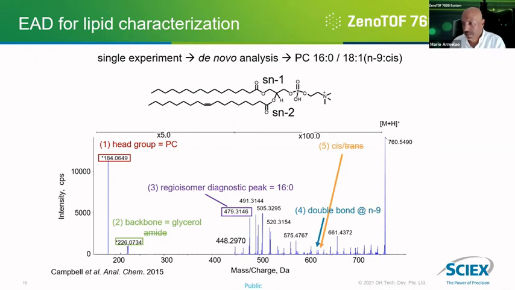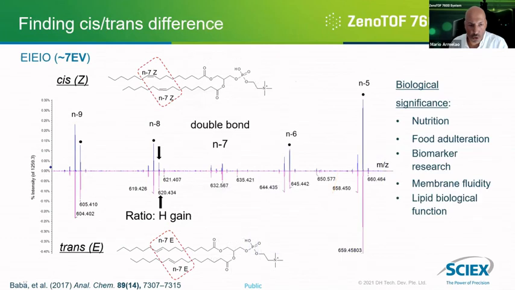To show you this, and this is related, of course, this is one of the most difficult structural entities to elucidate, right? What we can see here is that the peak ratios generated by the fragmentation of the carbon-carbon single bonds next to the double bond can be used to determine whether this is a cis or trans configuration.